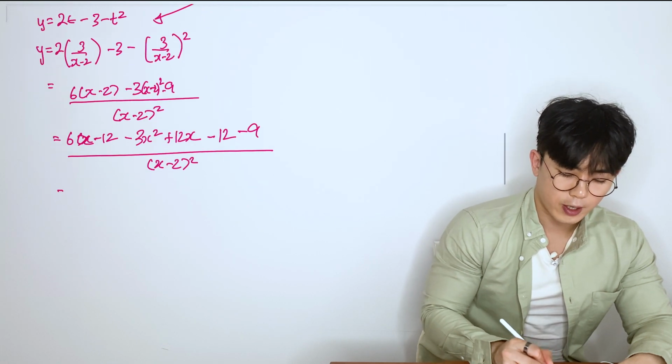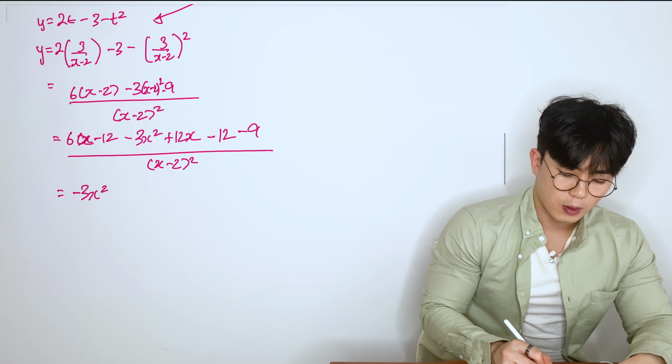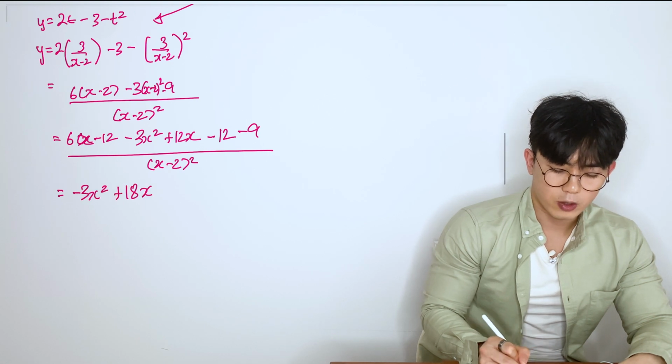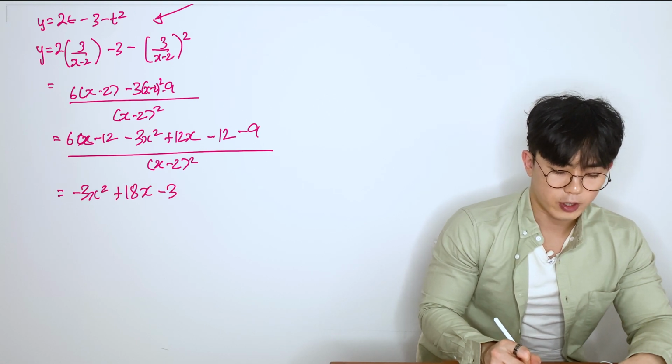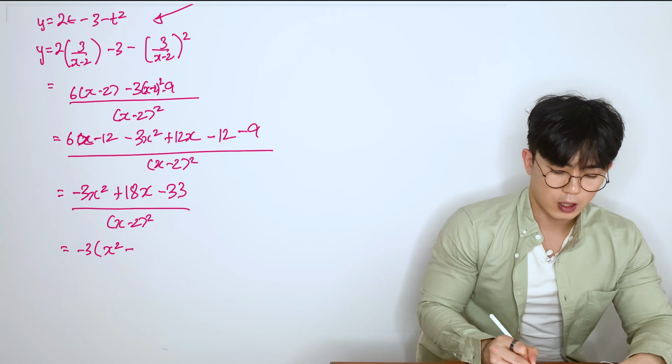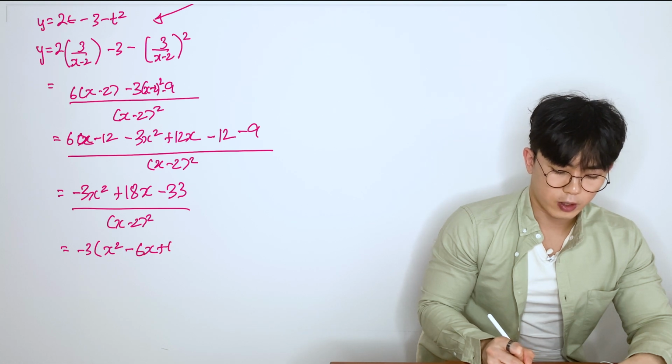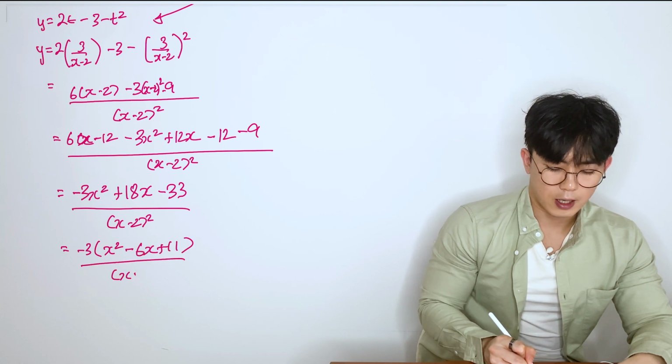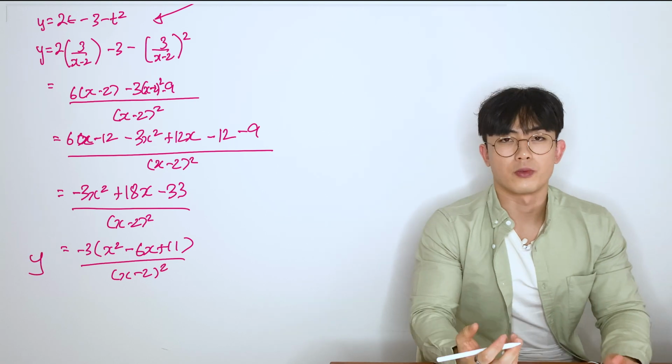Finally, just simplifying again, minus 3x squared plus 18x minus 12 minus 12 minus 9 is minus 33 over x minus 2 squared. I can take minus 3 out, x squared minus 6x plus 11. And this will be our Cartesian equation in the simplest form.